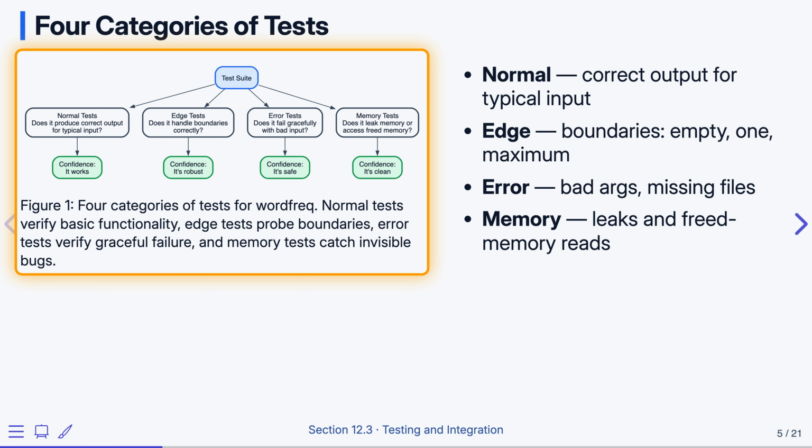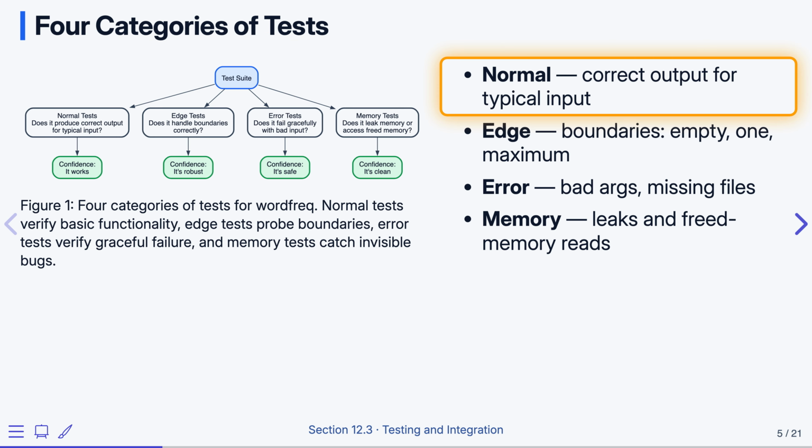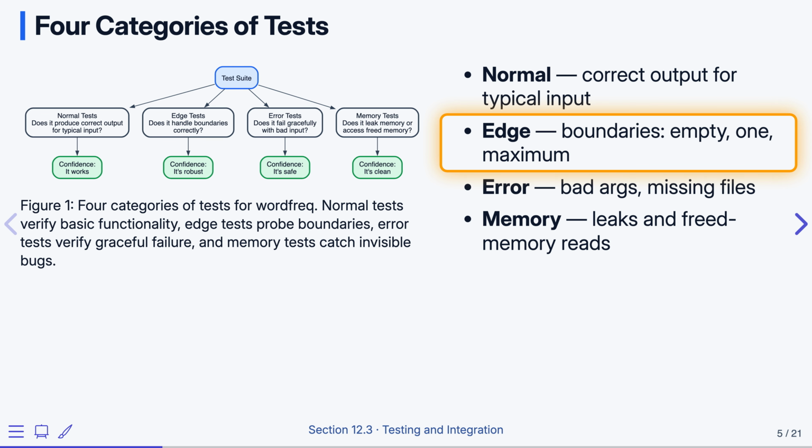A systematic approach organizes tests into 4 categories, and each one builds a different kind of confidence. First, normal tests. They verify correct output for typical input, the happy path. They tell you it works. Second, edge tests. They probe boundaries like empty input, a single element, or a maximum size. They find off-by-1 errors.